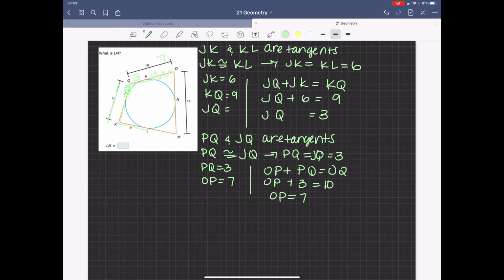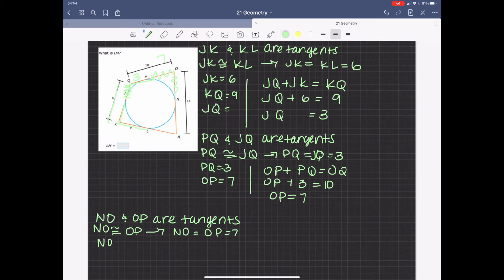Okay, so the last set is going to be NO and OP are tangents. NO is congruent with OP, which implies that NO and OP equal 7. NO equals 7.